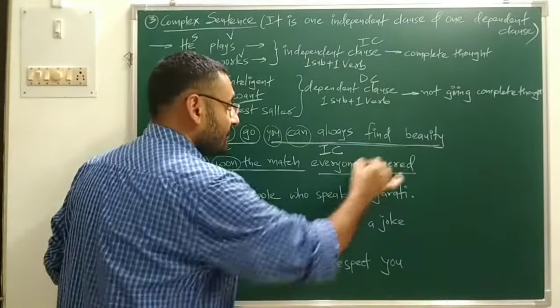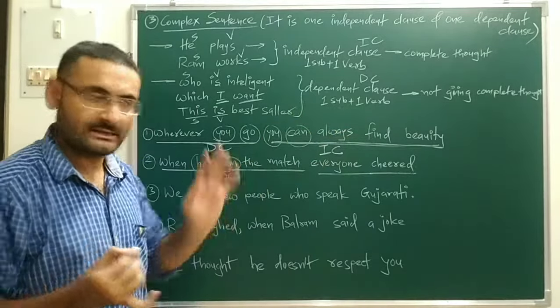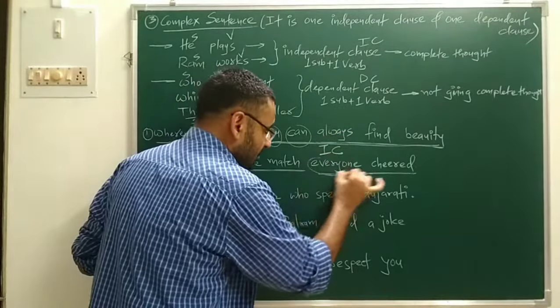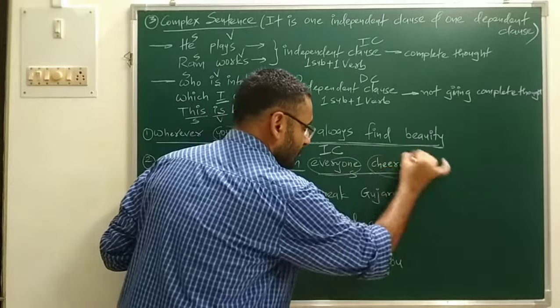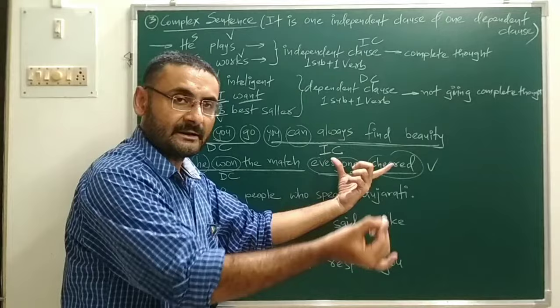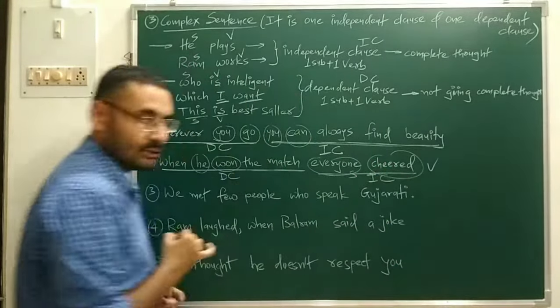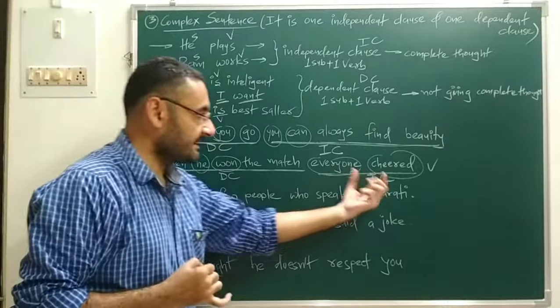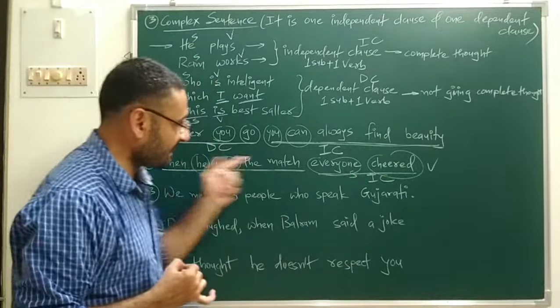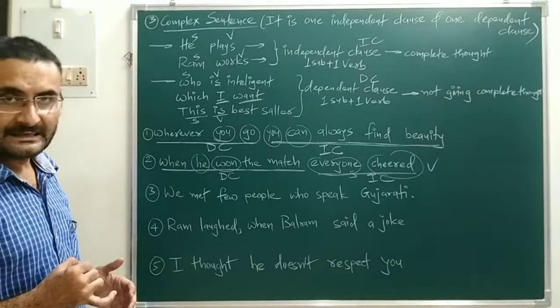Another sentence, everyone cheered. Yes, the thought is clear. So everyone is your subject, cheered is your verb, and everyone cheered gives a complete thought. That is why it is your independent clause. So both clauses are present in a single sentence. That is why it is known as a complex sentence.